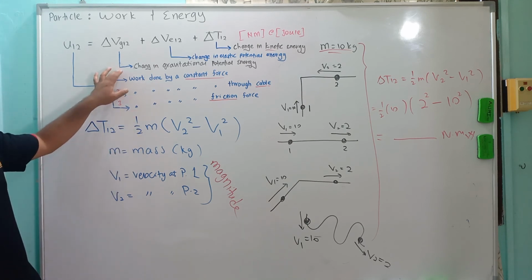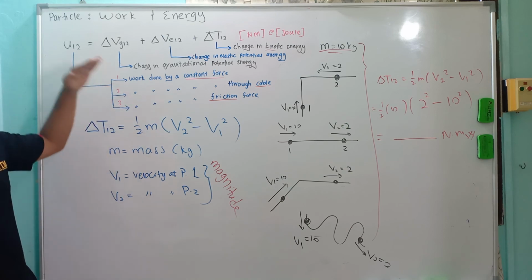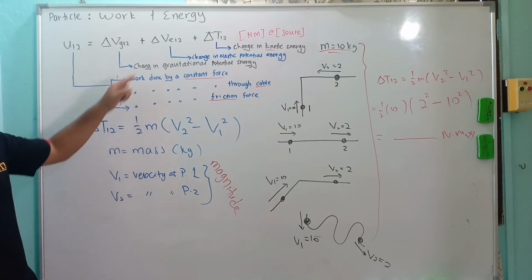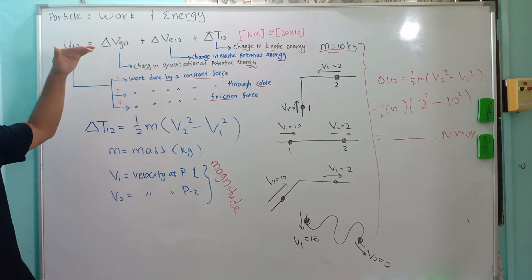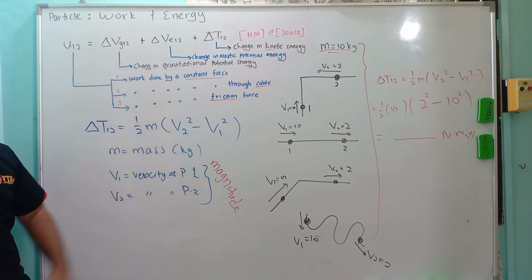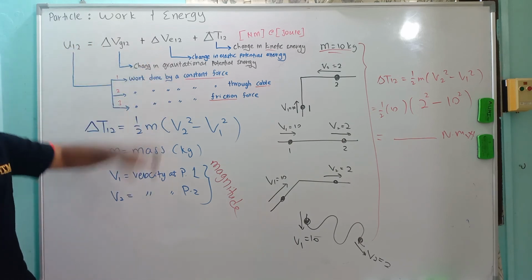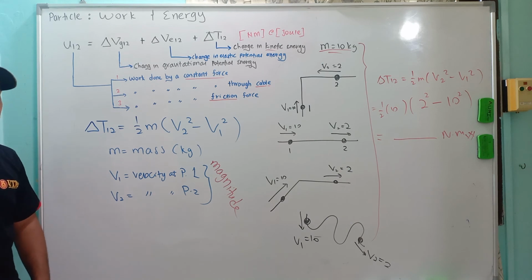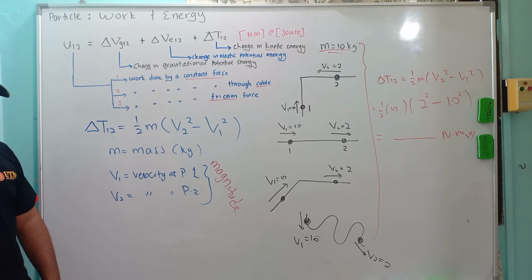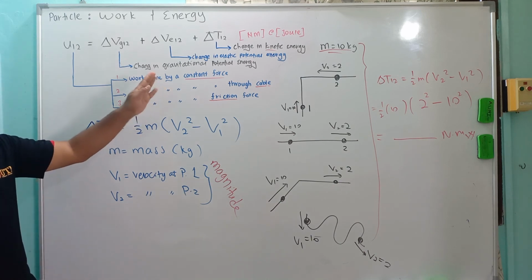Okay, this one, if there is a change in the vertical motion, there will be a change in gravitational potential. Going upward, positive delta H. Going downward will be negative. This one, if and only if in the figure or in the system there is a spring. If there is no spring directly, you will put 0.